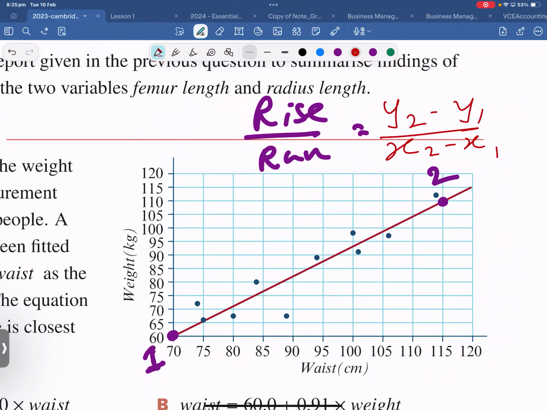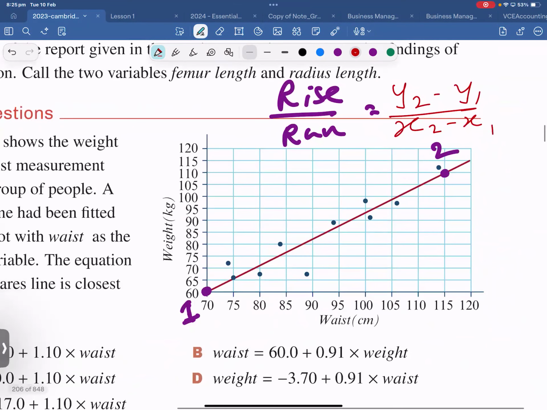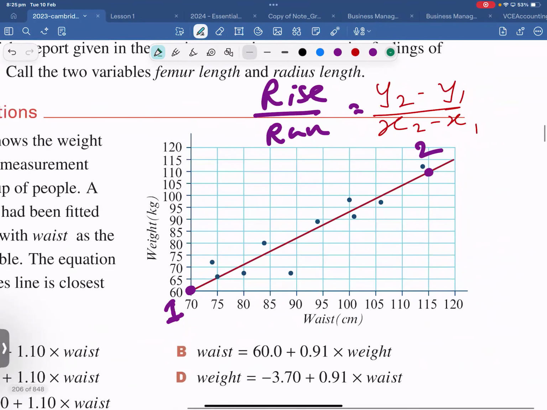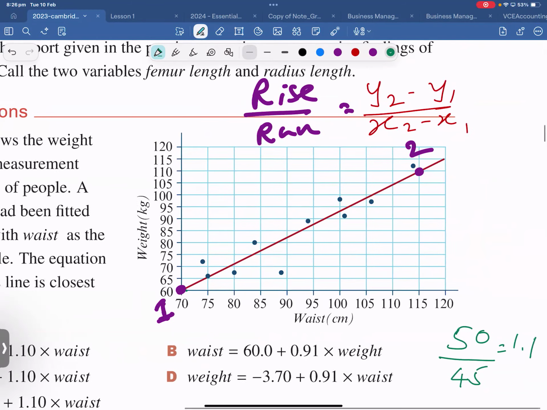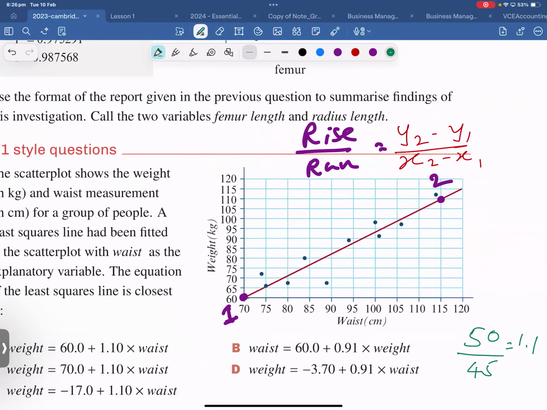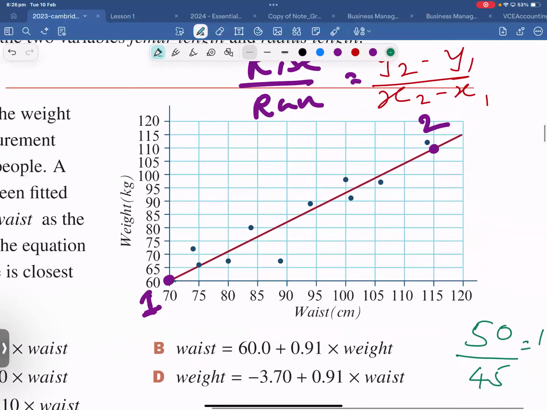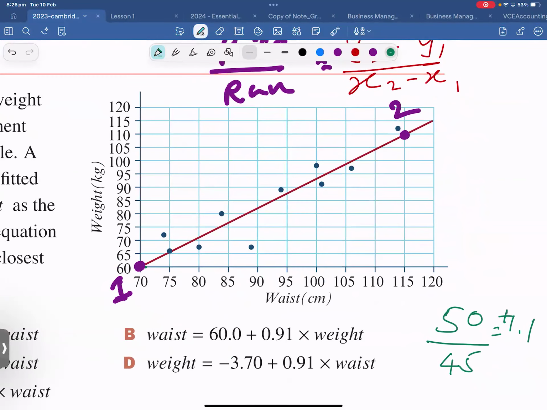Positive 0.91. It's positive, definitely, you are correct, Christian. My Y is changing 60 to 50, 50 over X is changing by 45. So I'm getting 1.1 positive. Did you get the same? What did you get?